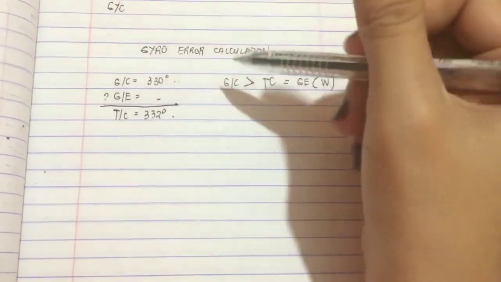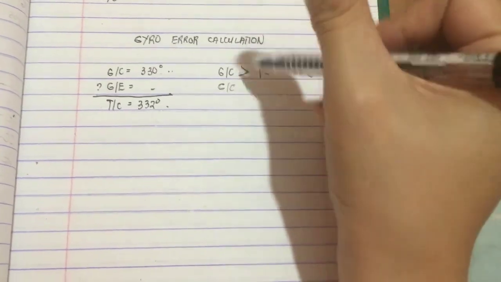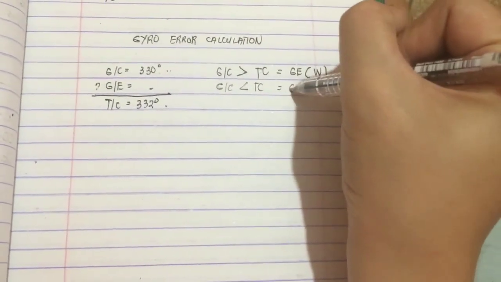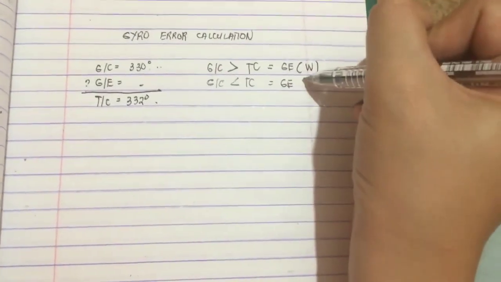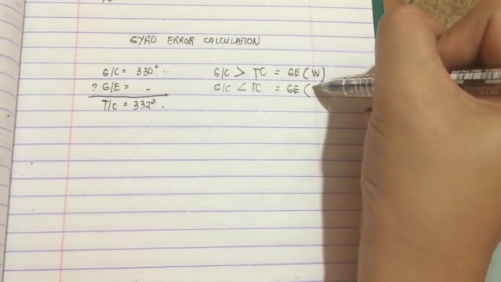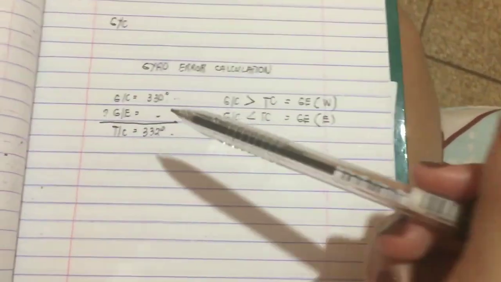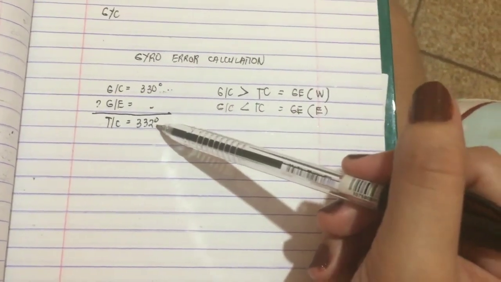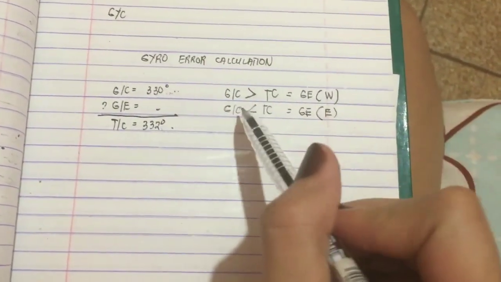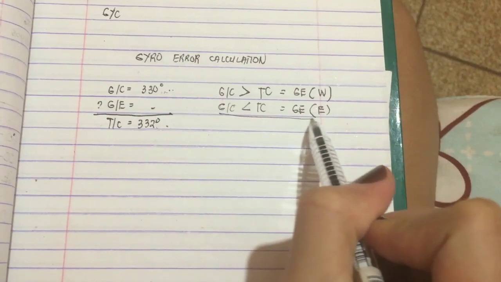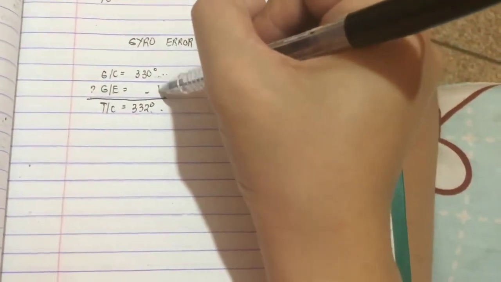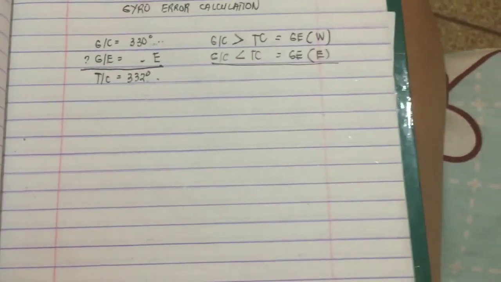And if our gyro course is less than our true course, which means gyro course is least, the direction will be east. As you can see, the gyro course is less than our true course, so this rule is applicable in this situation. So our direction will be east.